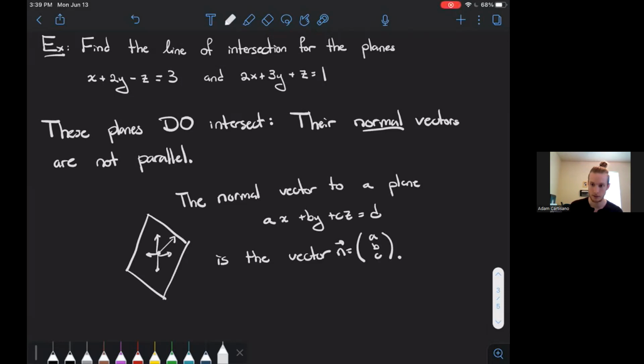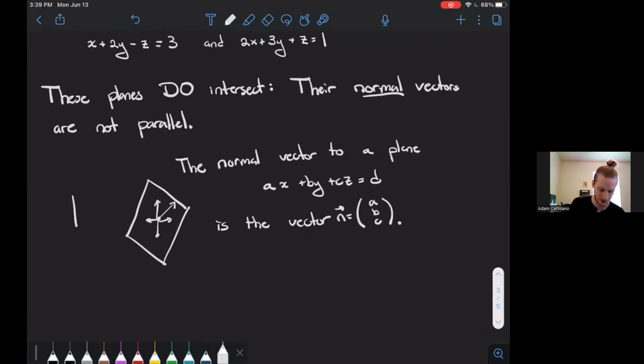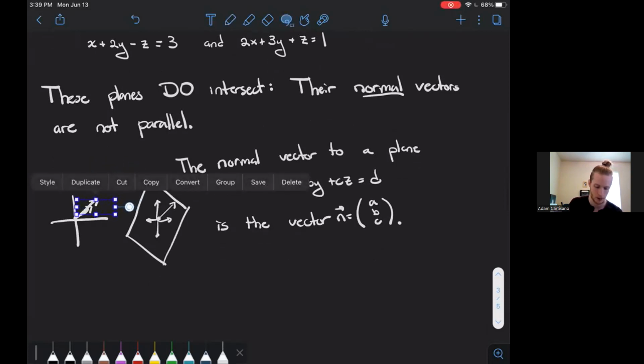And what does it mean for two vectors to be parallel? I'll show you in the two-dimensional case. Take a vector, put it in standard position so that its tail is at the origin. Take another vector which is parallel to it, put it in standard position too.